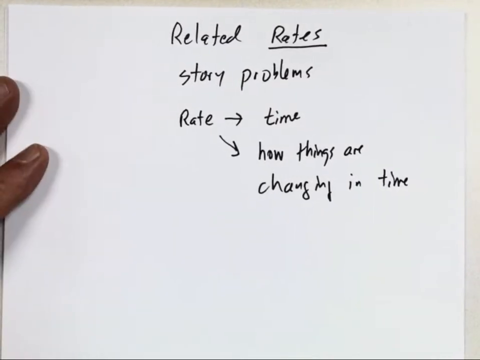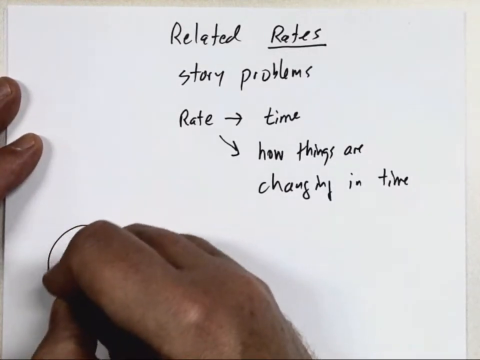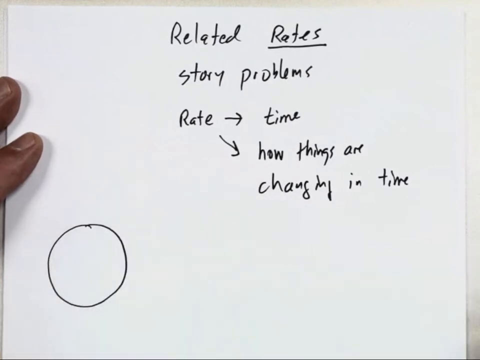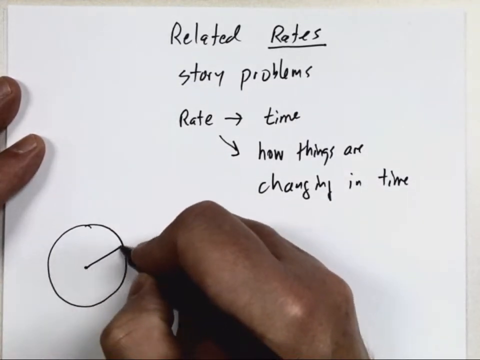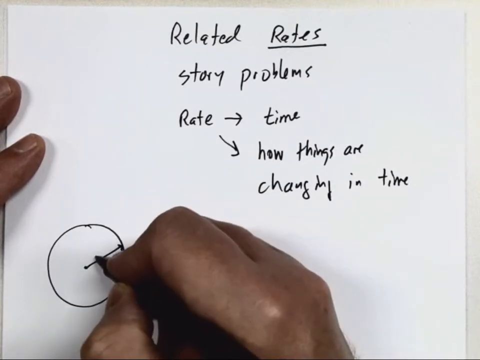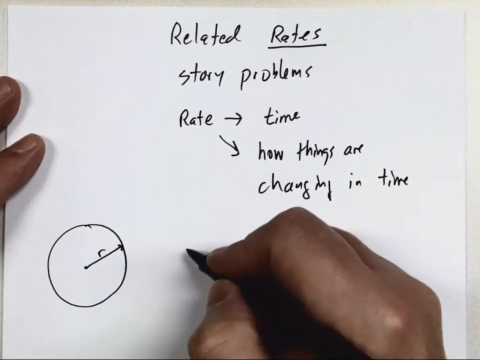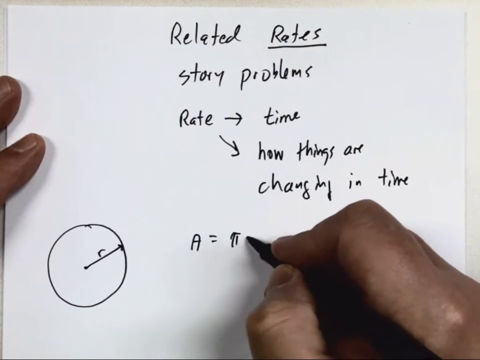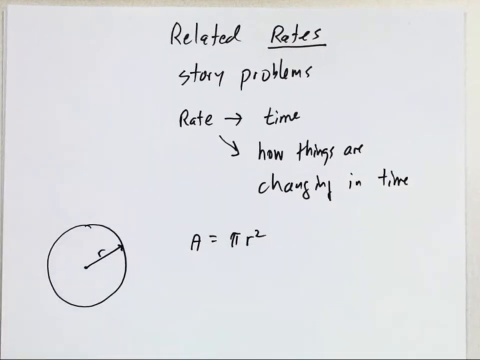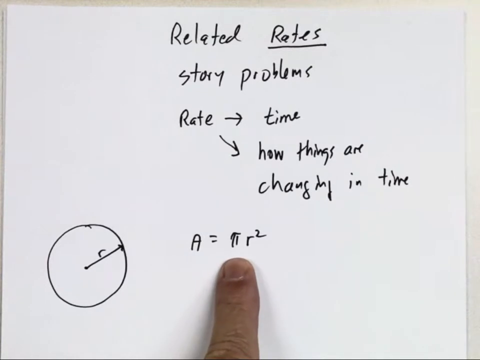Now you notice I'm going to write down a formula that we all learned in geometry. If you have a circle with the radius, in geometry we learned the area of a circle is pi r squared. Pi, remember, is just a number.